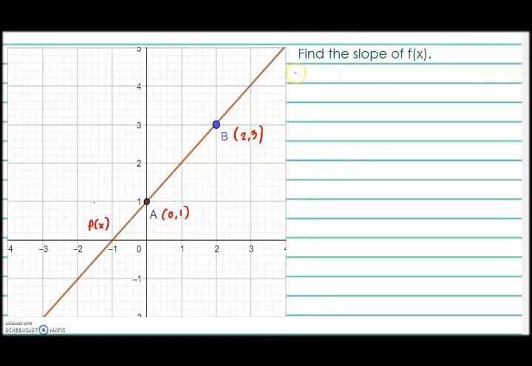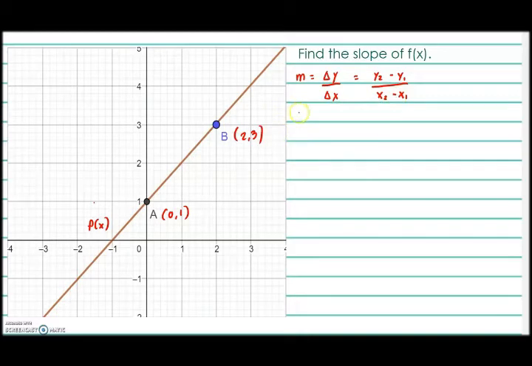So we said that slope, or m, is equal to the change in y over the change in x, or simply y sub 2 minus y sub 1 over x sub 2 minus x sub 1.